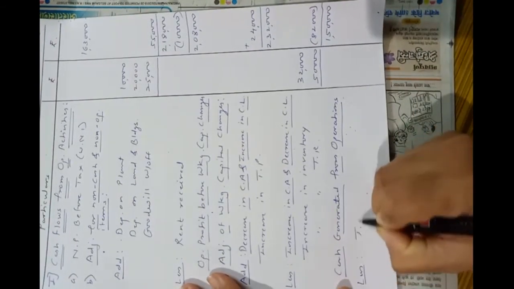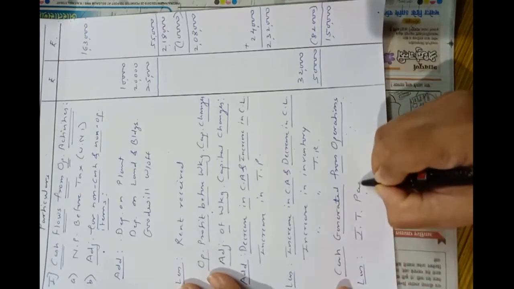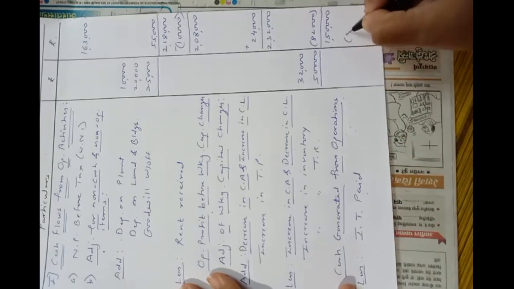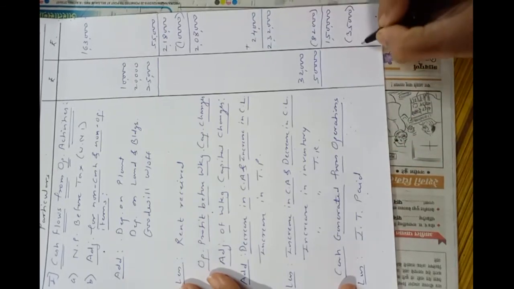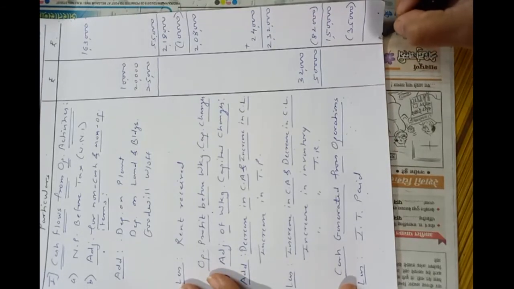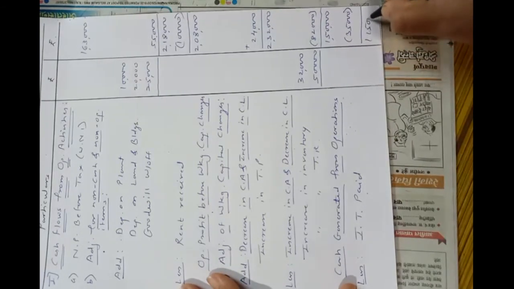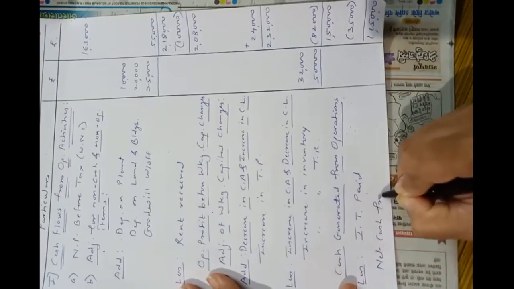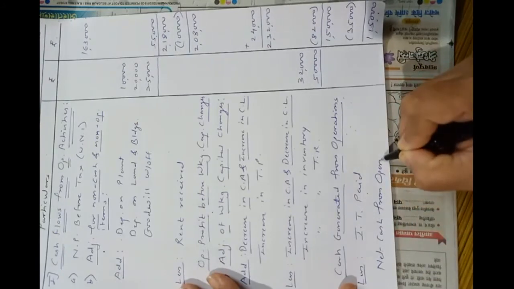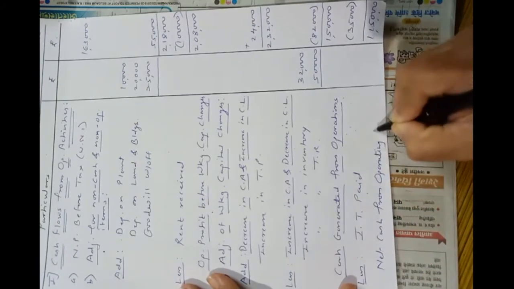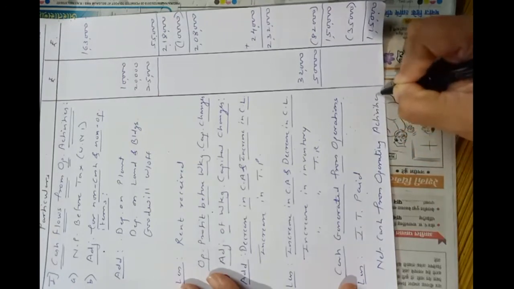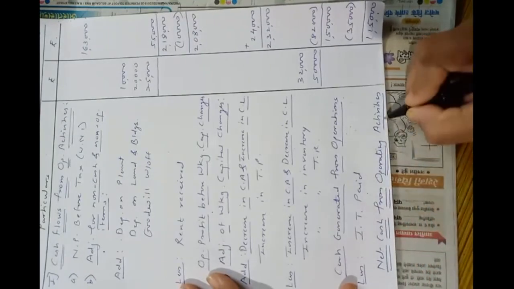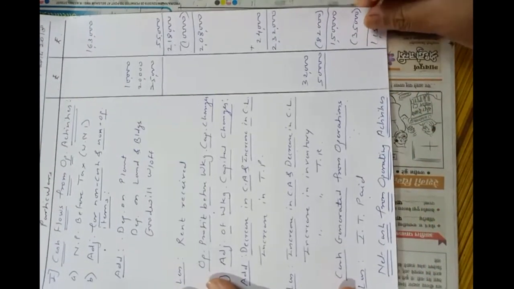So less income tax paid. See in the problem, income tax paid is given rupees 35,000. So net cash from operating activities will be 1,15,000.